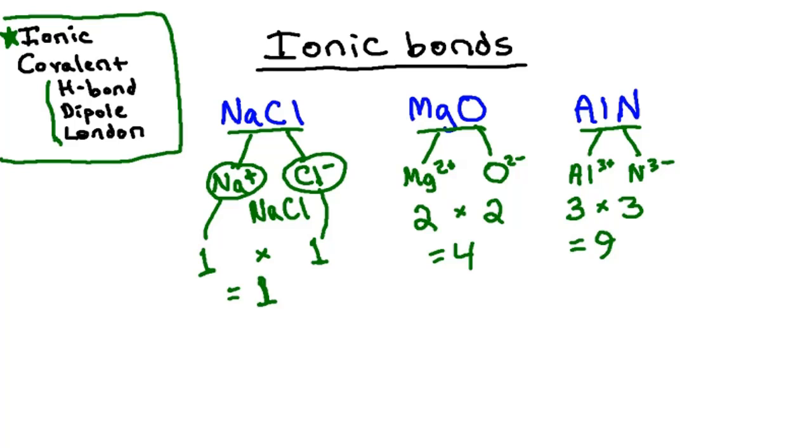So whichever one of these has the highest number is going to have the highest boiling point. They're going to have stronger molecular forces keeping them tightly bound together. So it's going to take more energy, more heat to cause it to boil. So it's going to have the highest boiling point.